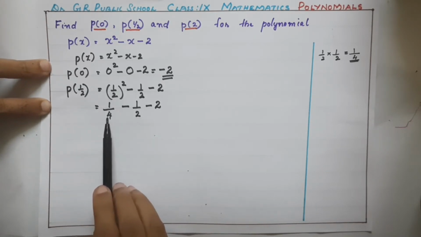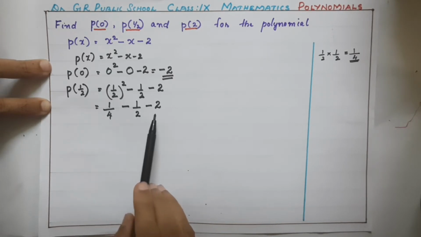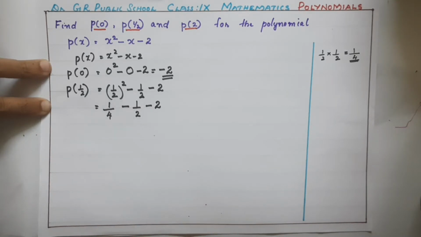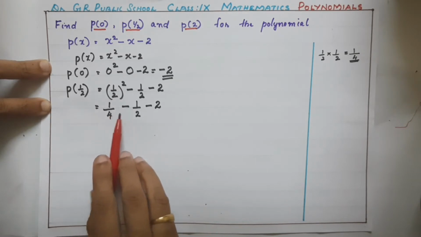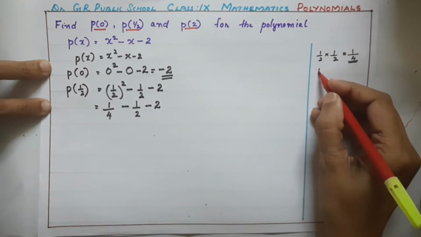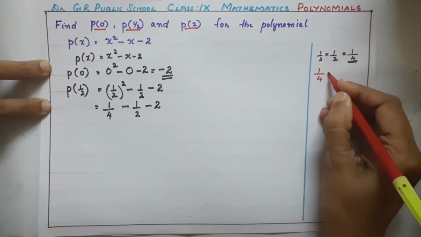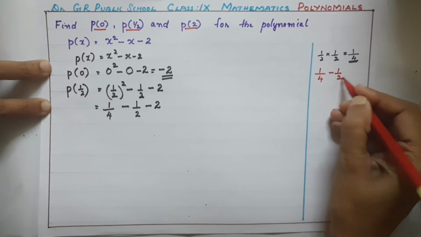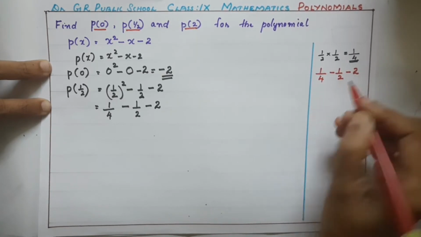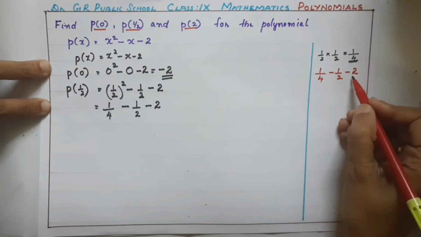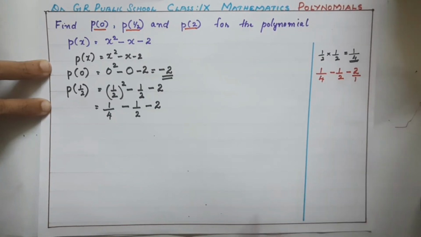So here what are the denominators? Here 4, here 2, and here what is the denominator? 2 means 2 by 1, isn't it? So here our numbers are 1 by 4 minus 1 by 2 minus 2. 2 can be written as 2 by 1.